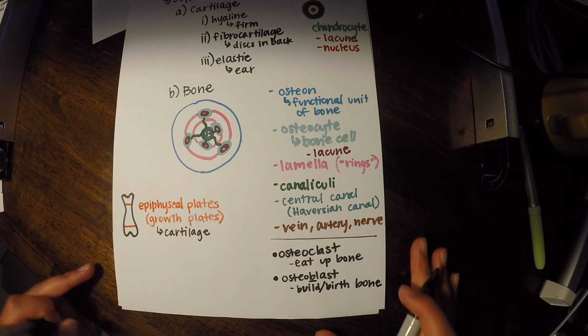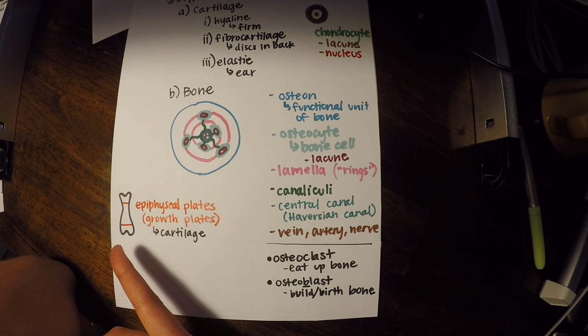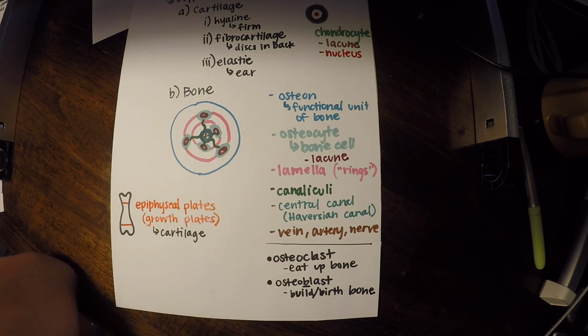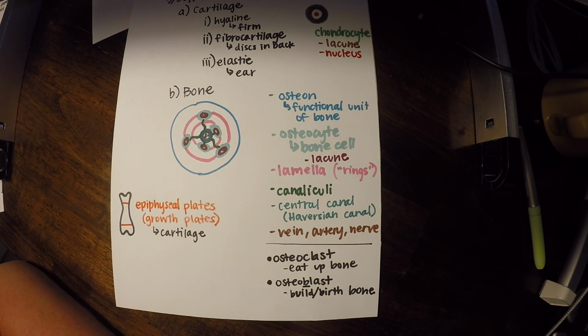And just something to note is that these epiphyseal plates made of cartilage are there because cartilage is less dense than bone. It's a lot squishier and it continues to grow. So this is important because we start off with really little bones when we're kids, and they're going to grow into much larger bones. So that's why we have these areas of cartilage, these growth plates, also known as epiphyseal plates. And those are areas where bones will grow from child-sized bones to adult bones. And once someone is done growing, you're not going to have chunks of cartilage there anymore.